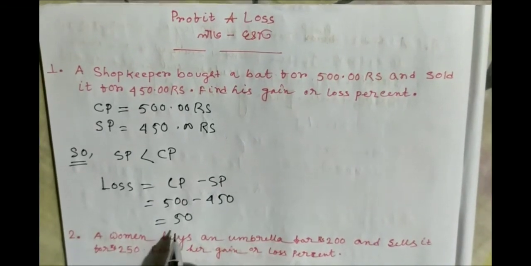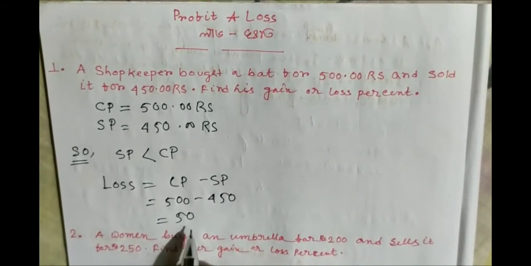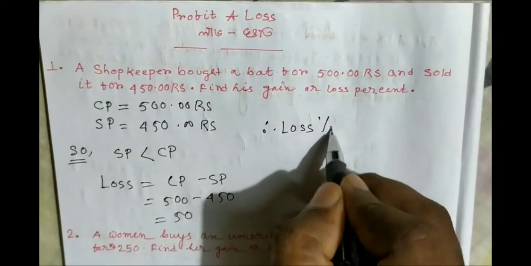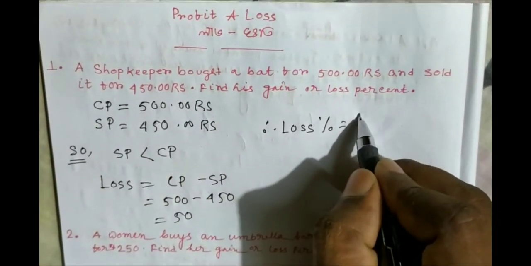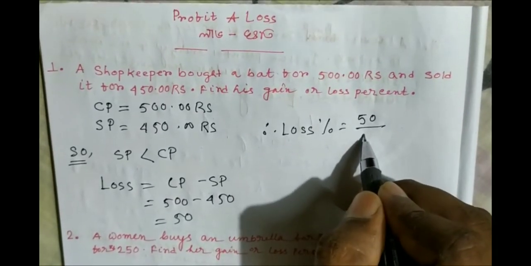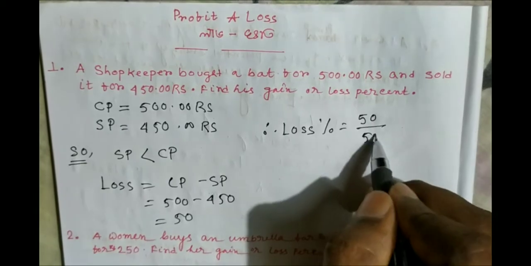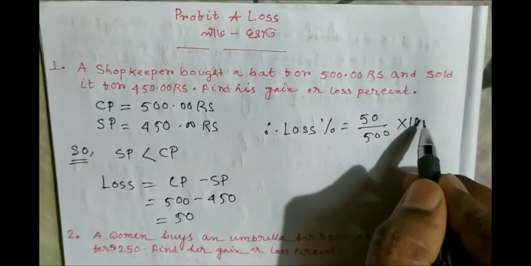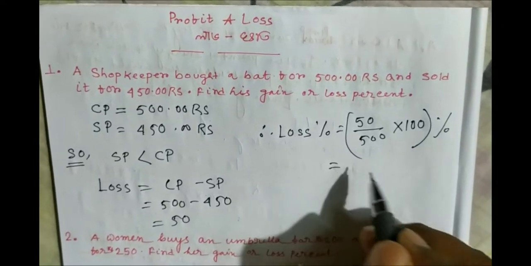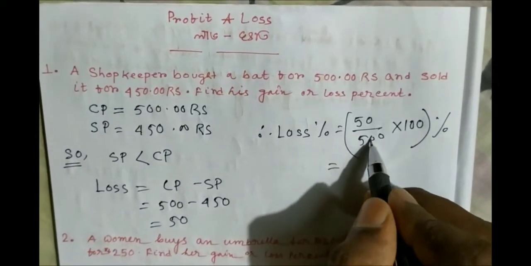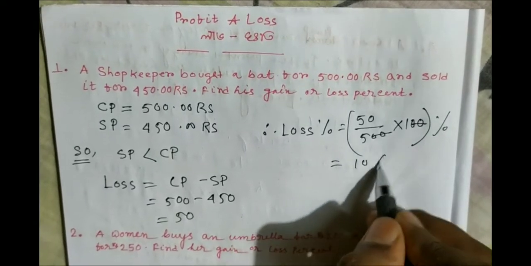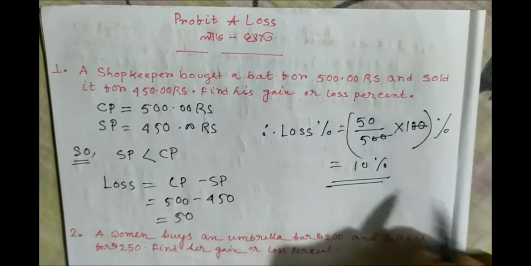So loss money is equal to 50 rupees and loss percentage is equal to 10%. This is the answer.